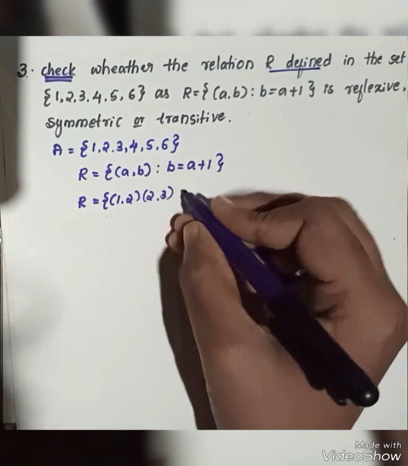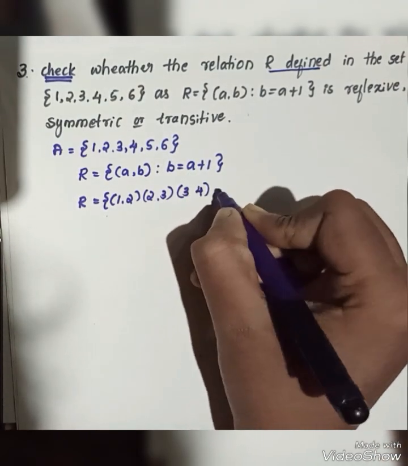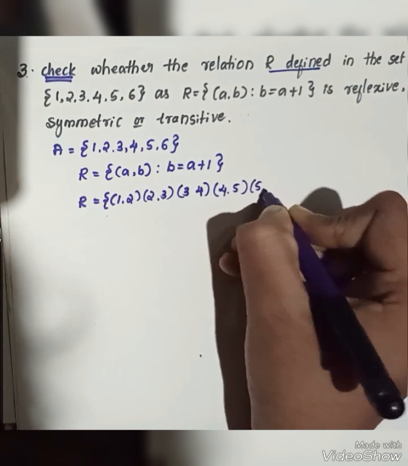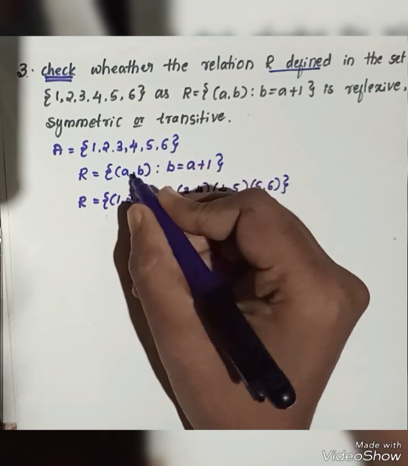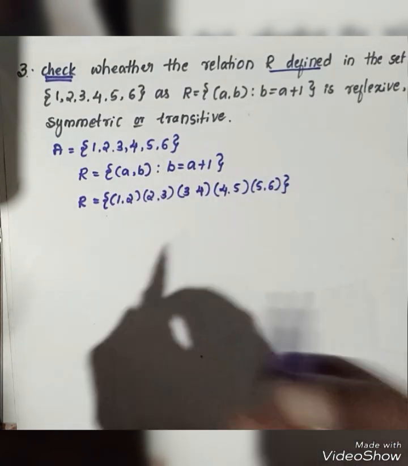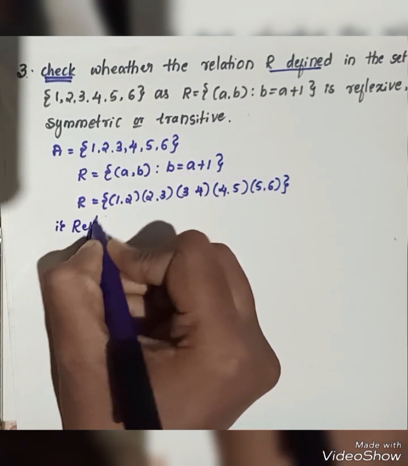Then for a value 3, b becomes 4, 4, 5 and 5, 6, because a has 6 but b doesn't have 7 in this set. This is the relation.